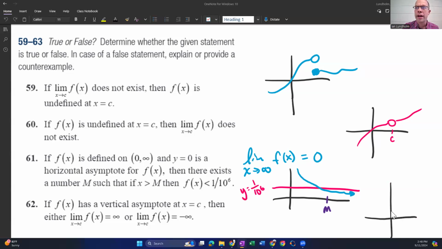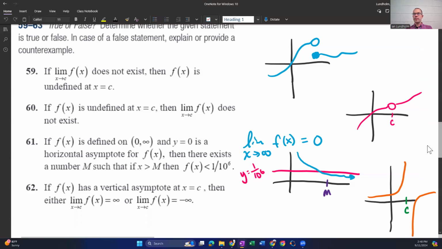All right, so let's pretend that we've got c right here. We could make the left-hand part of this function go up towards positive infinity. We could make the right-hand portion of this function go down to negative infinity.